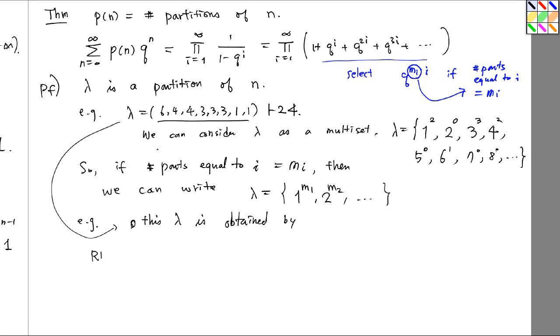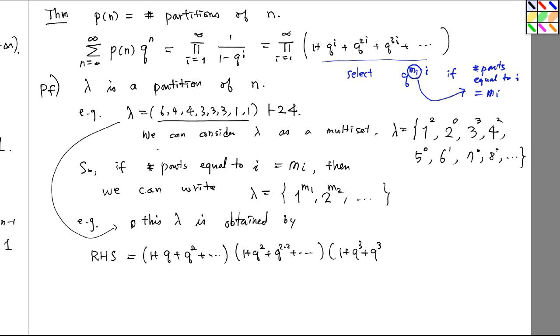On the right hand side, we have 1 plus q plus dot dot dot for i equals 1, then 1 plus q squared, q to the 2 times 2, then 2 times 3, and one more, 3 times 3, and times 1 plus q to the 4, 2 times 4.